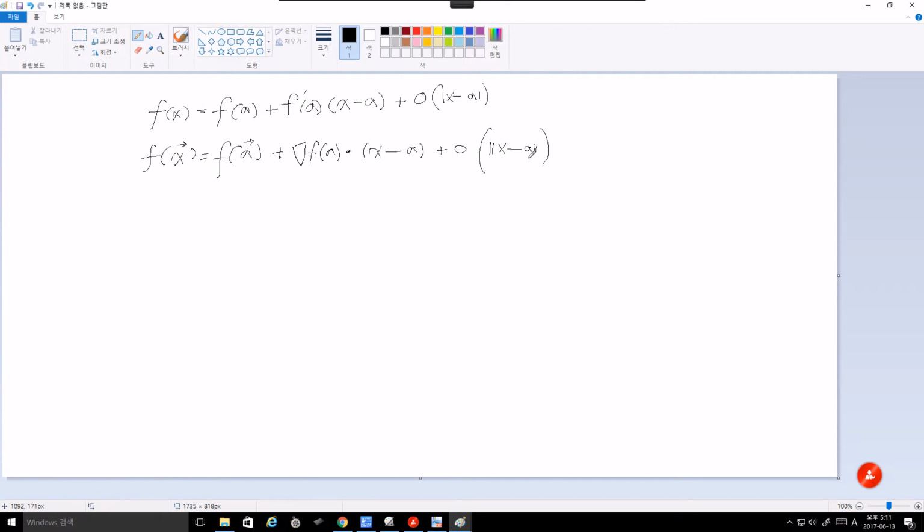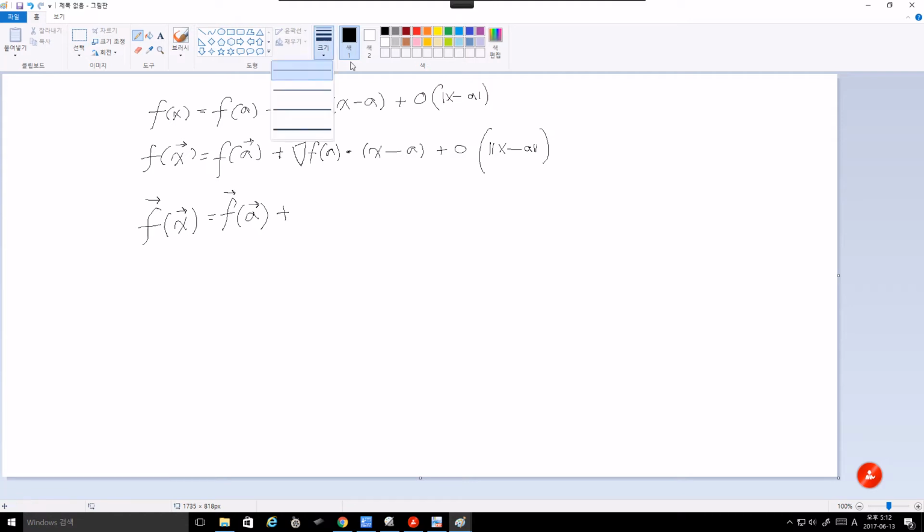Now the function itself, f, is also a vector. Now f is vector valued, and x is also vector valued. Right? Then we put f(a) like this, plus now we need a Jacobian.